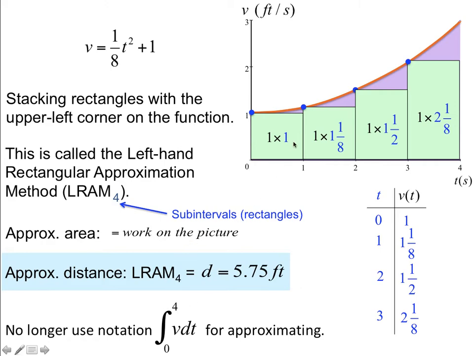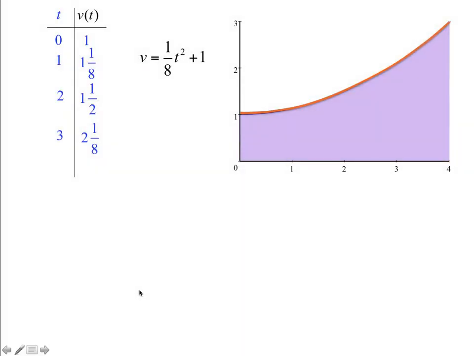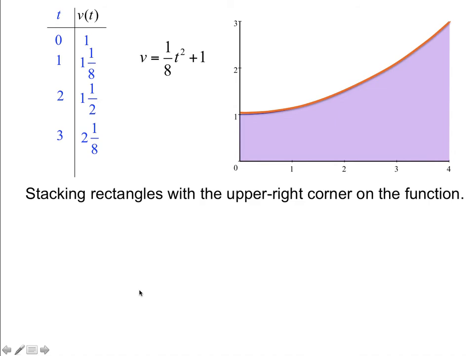Note that since we're approximating here, I'm no longer using this notation because this notation is for an exact value. It's not for approximating. So I've replaced this with LRAM4 instead. So that's one method.